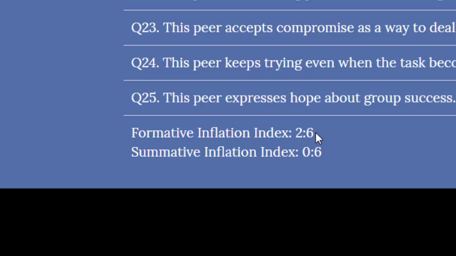It could have been him, and there's a way in which the instructor can tell behind the scenes. But this shows the student and makes the student aware. Look, you're kind of inflating things. 2 out of the 6 evaluations had 20 or more team skills checked.